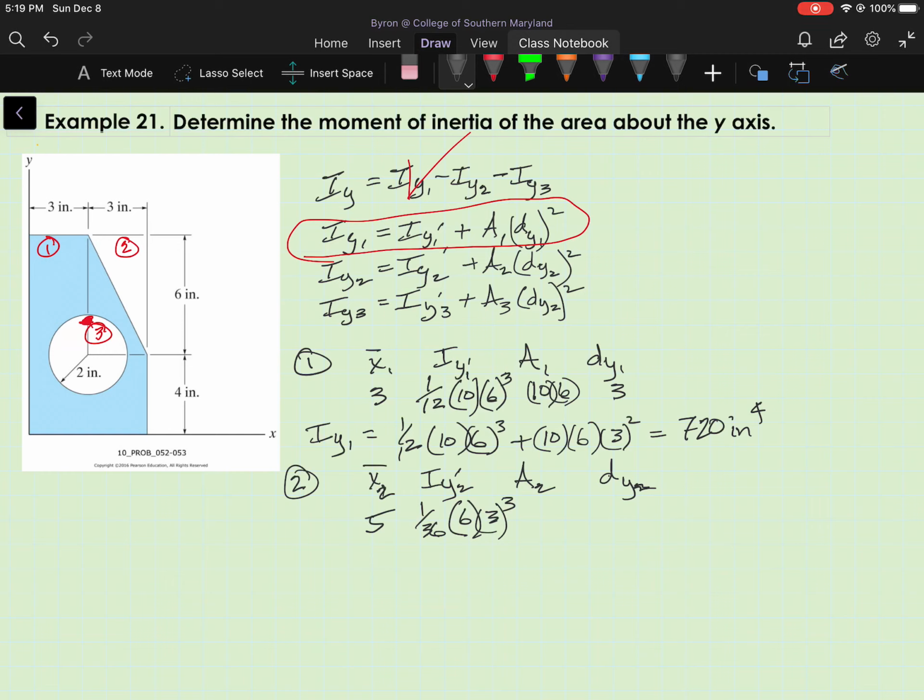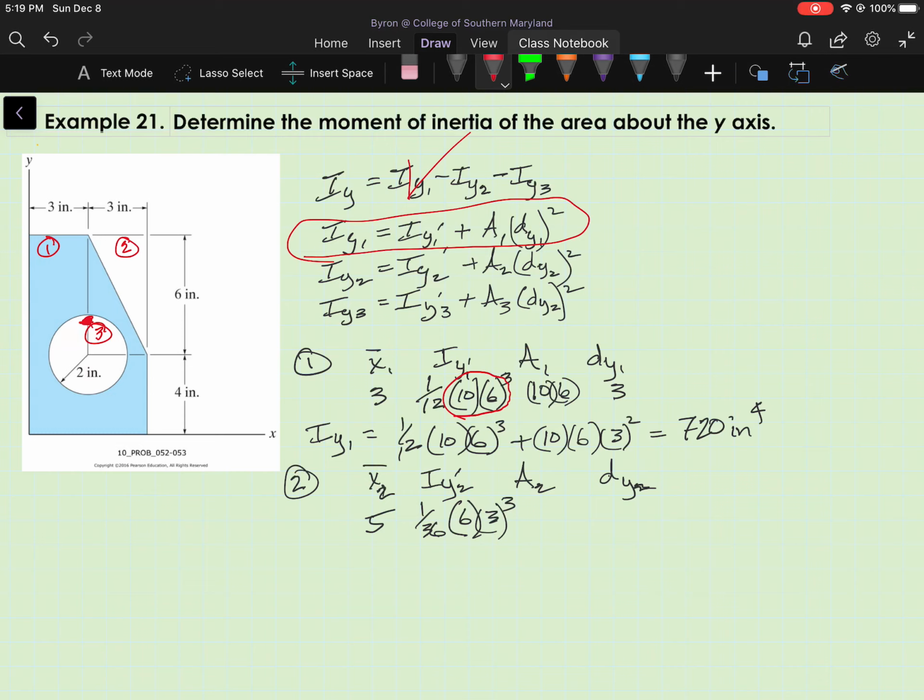Okay, so back up, not to confuse this, but if this would have been about a horizontal axis going through the centroid, the 10 and the 6 would have changed places there. Okay, and so you need to consider the orientation of the shape before you plug and crank numbers.